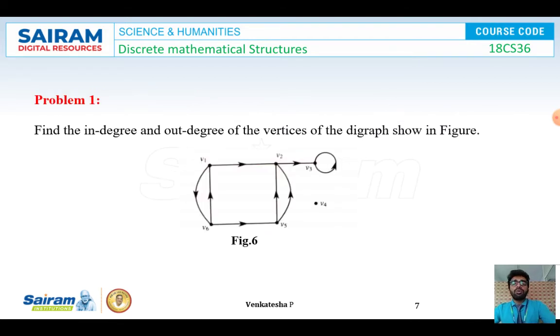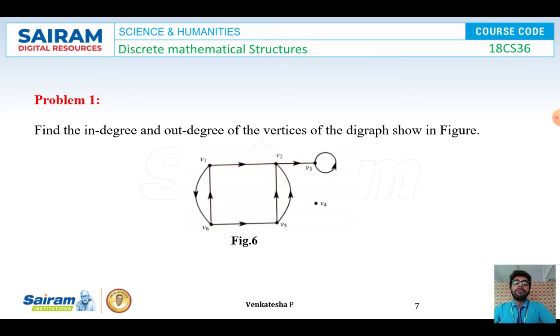So now we will see how to find the in degrees and out degrees with an example. Problem number 1: find the in degree and out degree of the vertices of the digraph shown in the figure. This digraph consists of 6 vertices v1, v2, v3, v6, v5 and v4. Here v1, v2, v6, v5 contain multiple edges, v3 contains a loop and v4 is an isolated vertex.